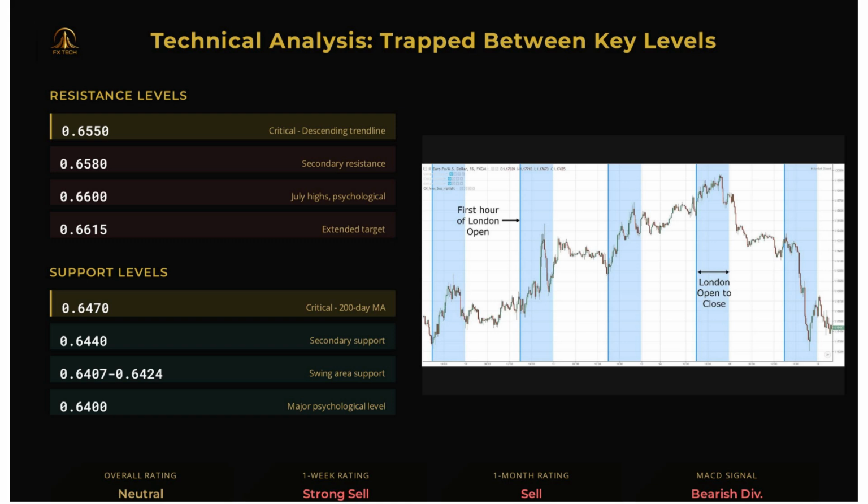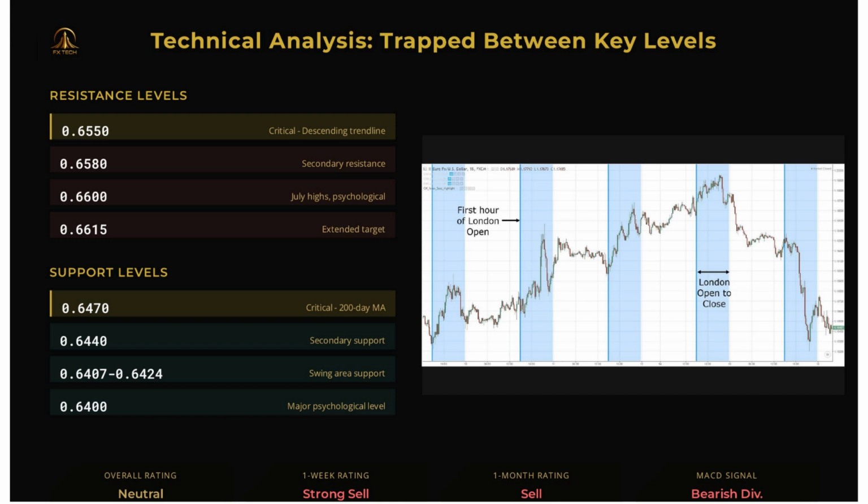Secondary resistance sits at 0.6580, with psychological resistance at 0.6600 near July highs and extended targets at 0.6615. On the support side, the 200-day moving average at 0.6470 provides critical support.